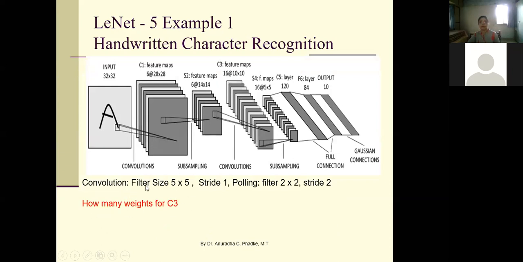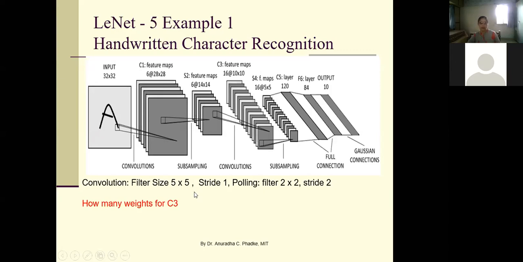So for your layer C3, again filter size is 5 by 5, stride is 1, and there are 16 such filters. Yes, I am getting some answers from Aditya, Raj, Tejas, and Vaibhav.